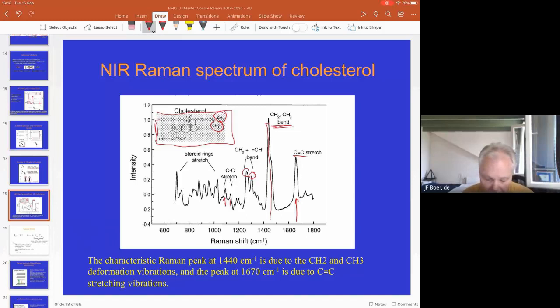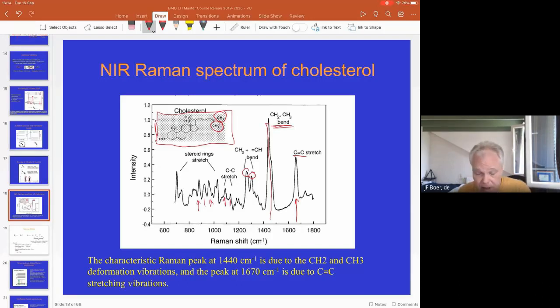Overall, you can see that there are many peaks present in this spectrum, and this is what we call a fingerprint, because this is a cholesterol molecule. The Raman spectrum is very specific, with very many narrow peaks, so when you record the Raman spectrum of light that is scattered off this molecule, you can identify it.